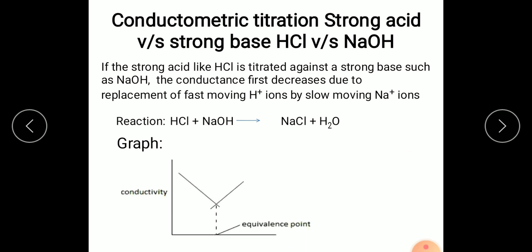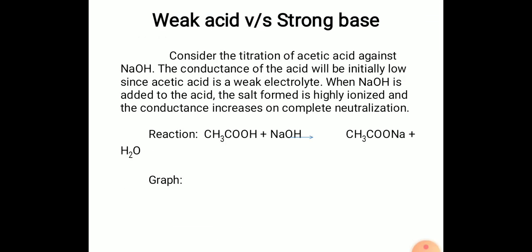Now we'll move to the next case, that is weak acid versus strong base. Here we have taken acetic acid as the weak acid and the same NaOH as the strong base. Consider the titration of acetic acid, CH3COOH, against NaOH.